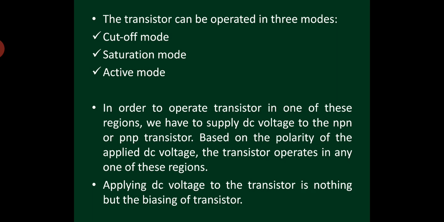In the emitter region, I will dope the emitter heavily. So the doping concentration in the emitter region is very high, the doping concentration in the base is very less, and the doping concentration in the collector region is moderate. It's also high, but when compared to the emitter, a bit less.